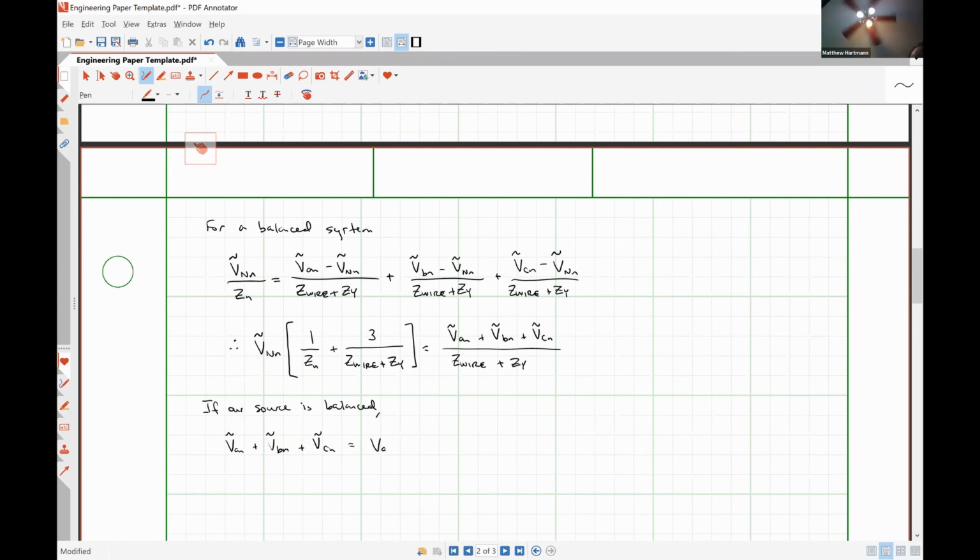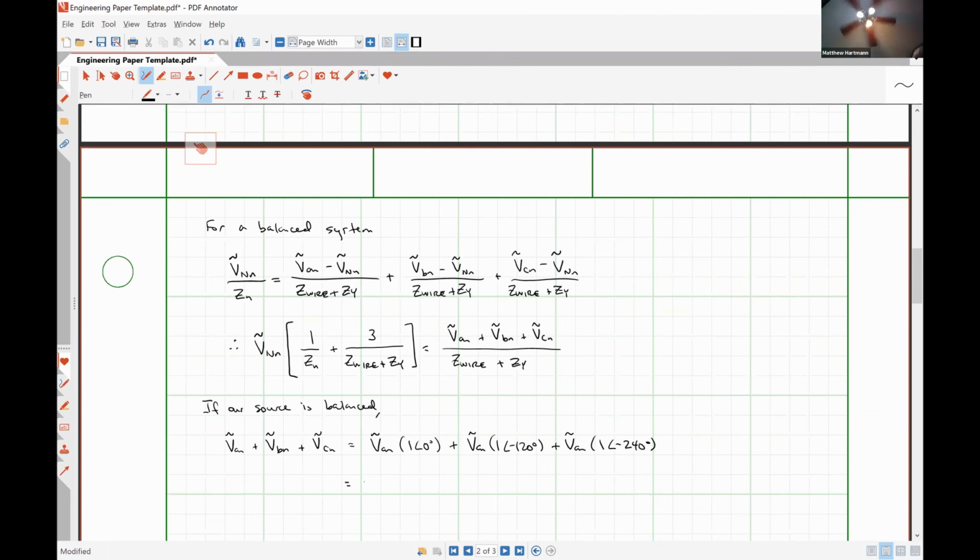This would be equal to VAN times 1 angle 0 degrees plus VAN times 1 angle minus 120 degrees plus VAN times 1 angle minus 240 degrees.